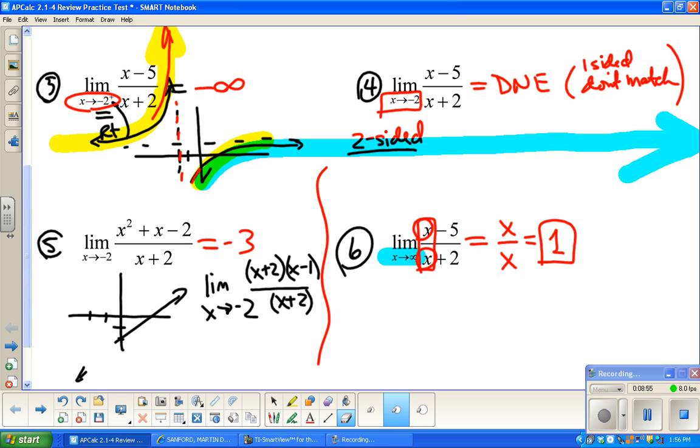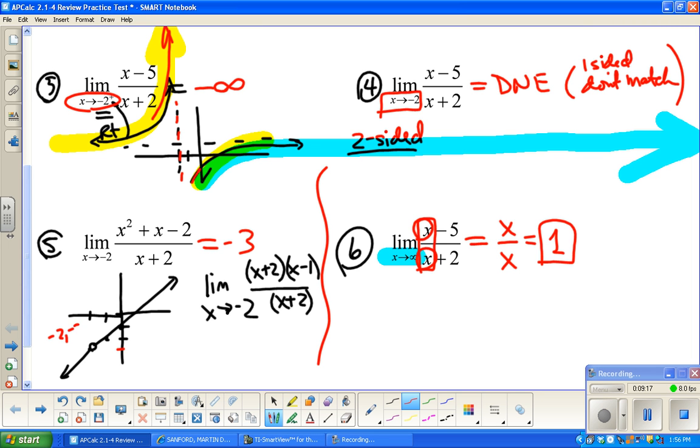Sorry, I put that in the wrong spot. Okay, let me fix that. Sorry about that. Okay, so it's actually this. All right, so here's that point. So this point's at -2, -3, and that y value is -3.